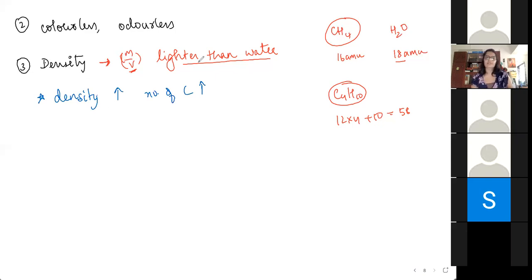So in general, alkanes are lighter than water, but within alkanes, if you compare methane with butane, butane is going to be more dense. So density increases as the number of carbon atoms increases.